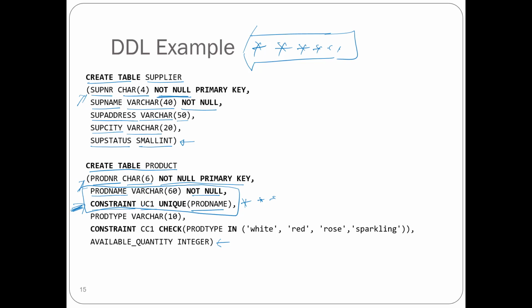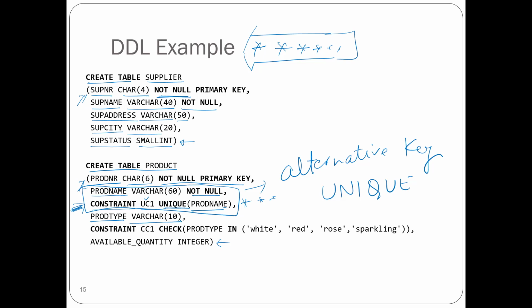And there's another constraint which we are specifying as a uniqueness constraint, which will make the prod name the alternative key. We define the alternative key using the keyword unique over here, and inside the parentheses you give the name of the column that you want to make the alternative key.